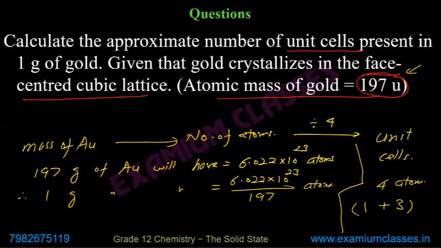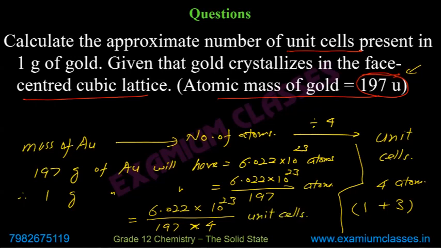These many atoms, divide these by 4, you will get unit cells. It means 6.022 into 10 to the power 23 divided by 197 divided by 4. Divided by 4 will actually be multiplied by 4 in the denominator. These many unit cells. Is that clear?